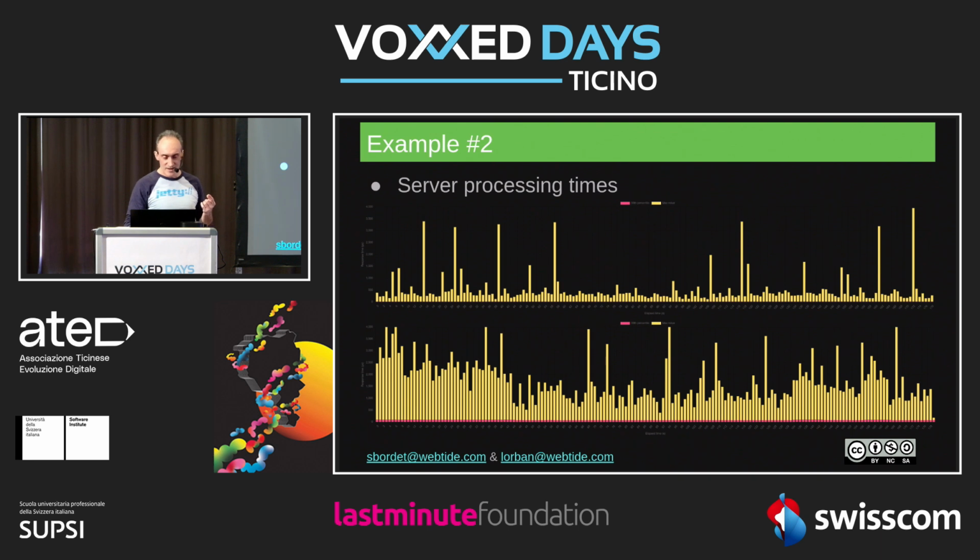But then we went into analyzing a little bit more, and these are the graphs, right? This is a graph report of the processing times taken at the server side. Every bar is 1 second. The bottom of the bar is very close to the x-axis, measuring the minimum response time, the processing time that we had at the server, and the top of the bar is the maximum response time that we had in that 1 second, okay?